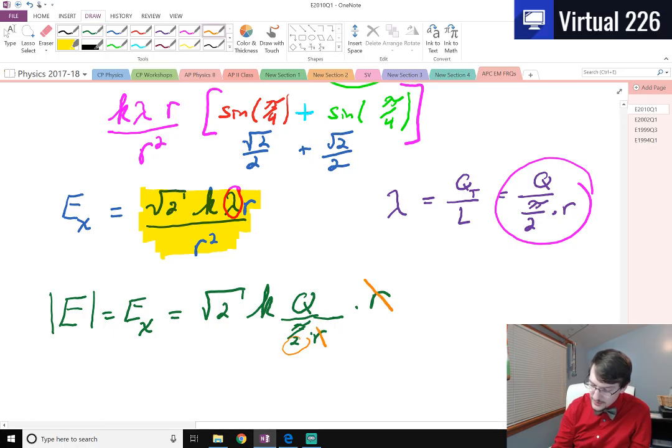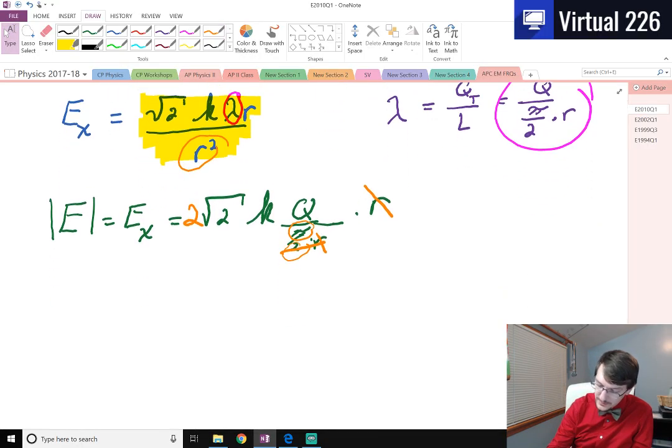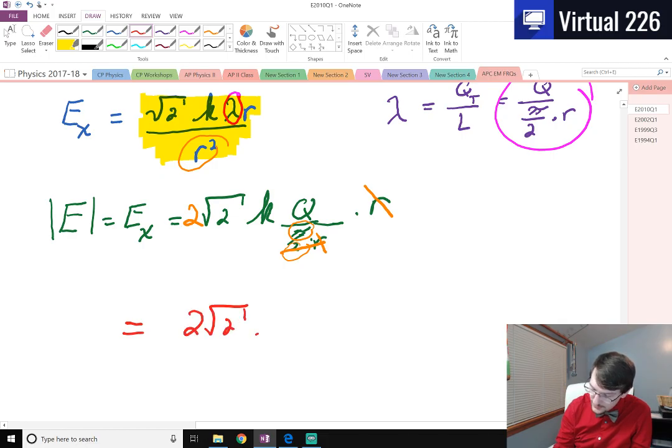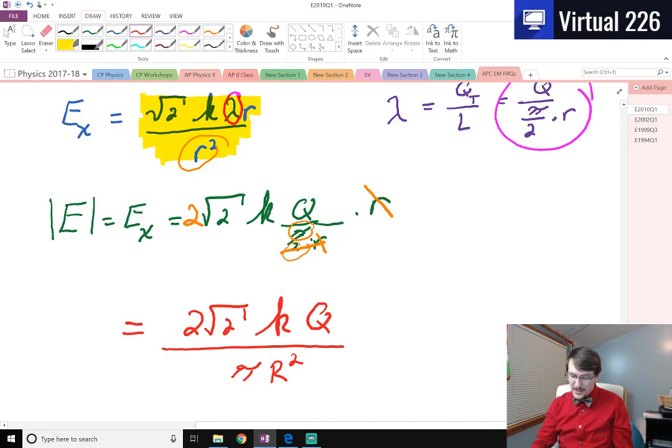This 2 in the denominator is going to come up to the numerator, and then that means this pi in the denominator can sit with the r squared value. So the way we can write this, finally, it seems like it's taking forever, is 2 square root of 2k times the total charge over pi r squared.